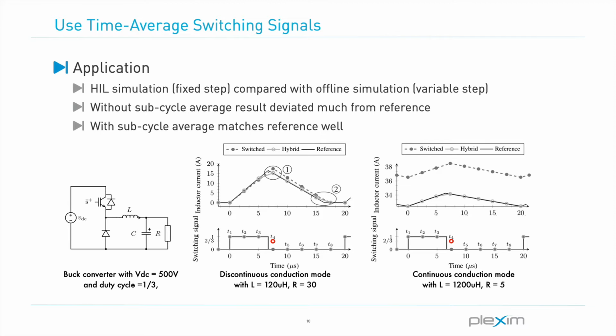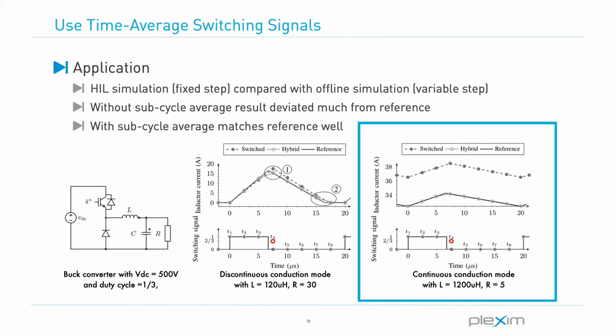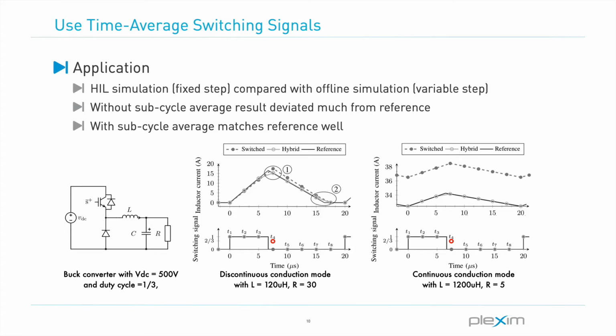This can be seen in interval T3 to T4, where the time average value at T4, marked in red here, accurately represents the on time of the switching signal in this period. So a hybrid model with time average switching signals performs better than its purely switched counterpart if we run this model on a real-time simulation platform with a fixed time step.